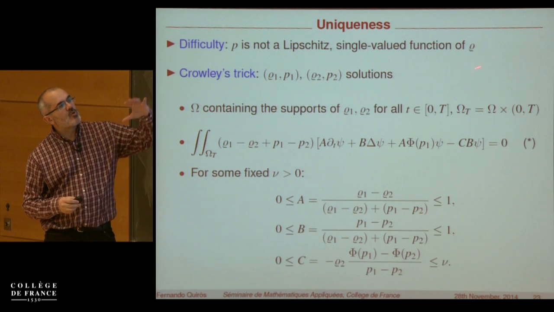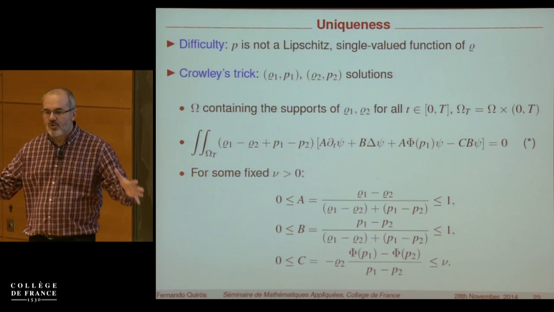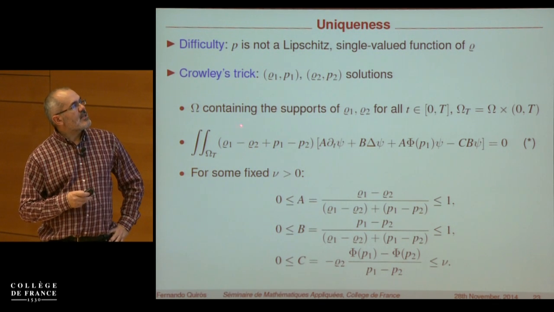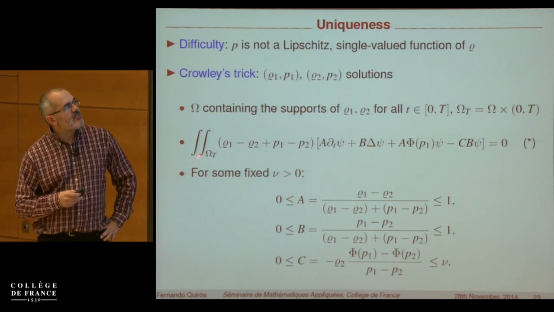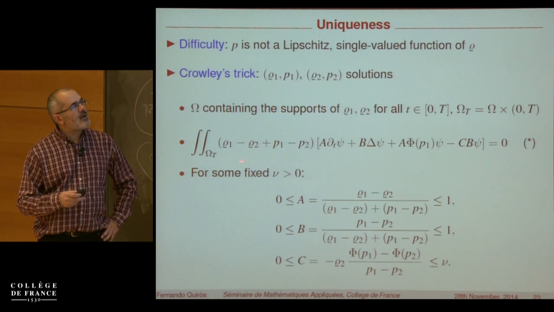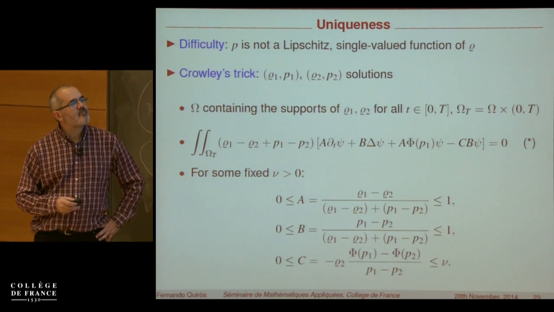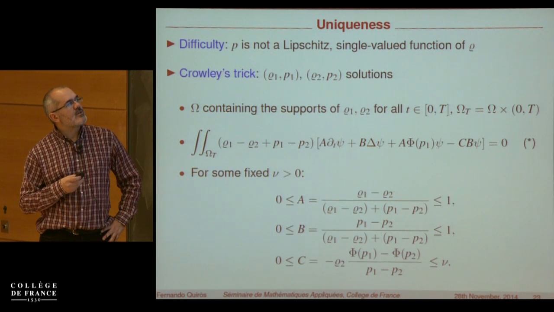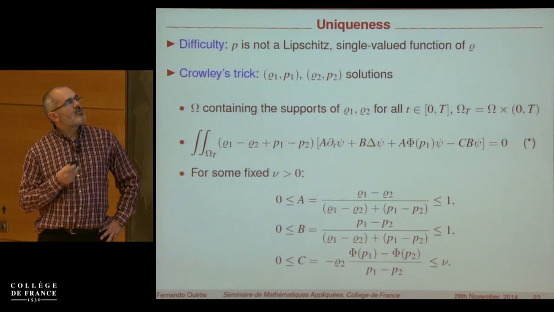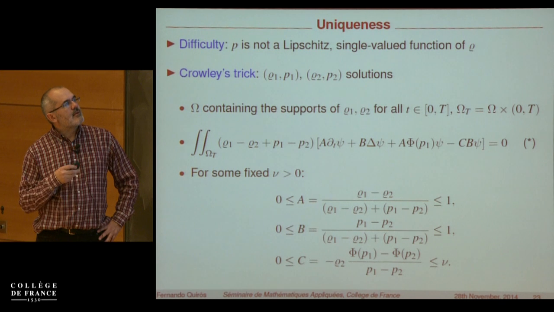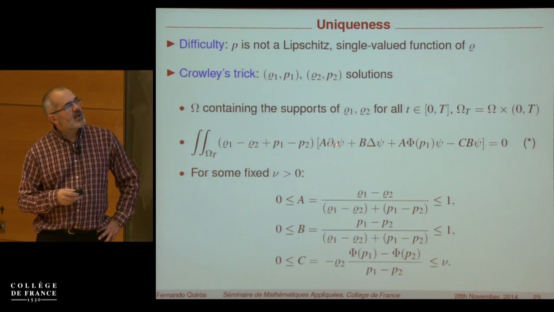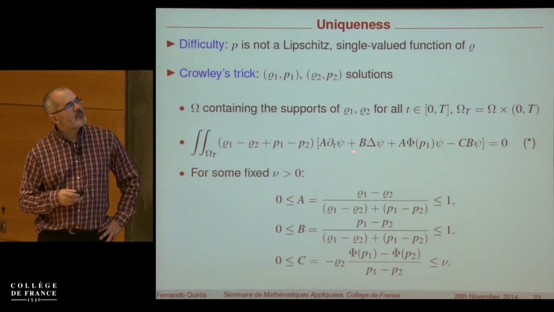We already know that the supports are controlled in time. So this is the distributional version of the equation for both ρ1 and ρ2. We subtract them and we write them in this form. Here we have the test functions.